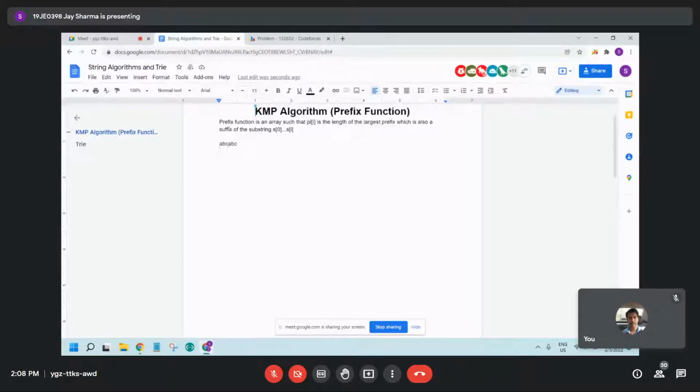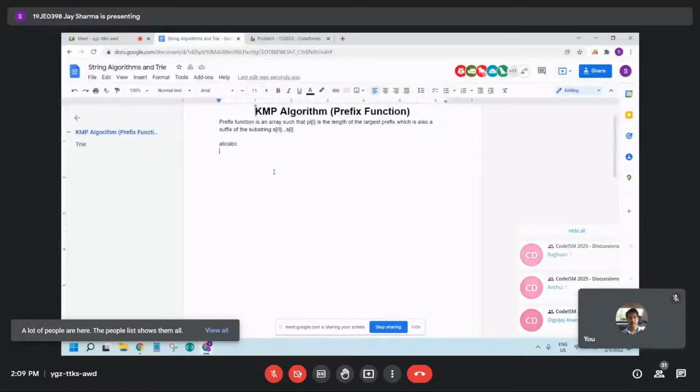By definition, the prefix function is an array, so here it will be an array of length 6 because our string has length 6, and prefix at i will represent the length of the largest prefix which is also the suffix of the substring s[0] to s[i].